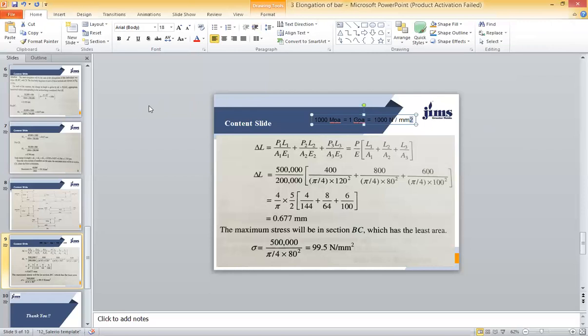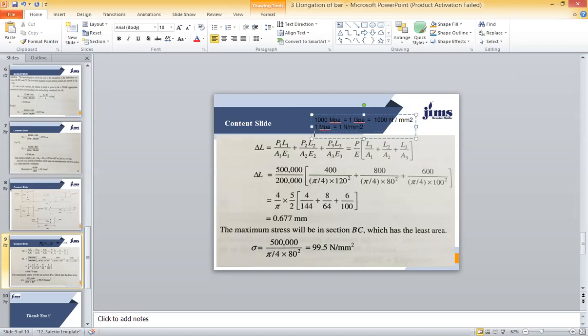Giga is 10 to the power 9 pascal, and mega is 10 to the power 6 pascal. So be clear. One more thing I told you in my last lecture: 1 megapascal is equal to 1 Newton per mm square.